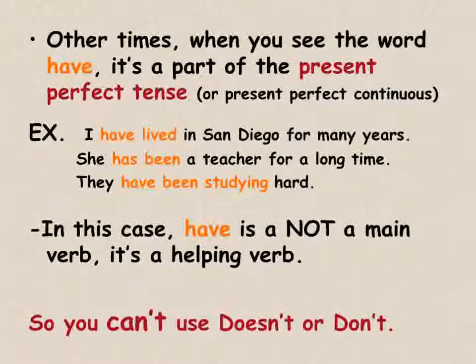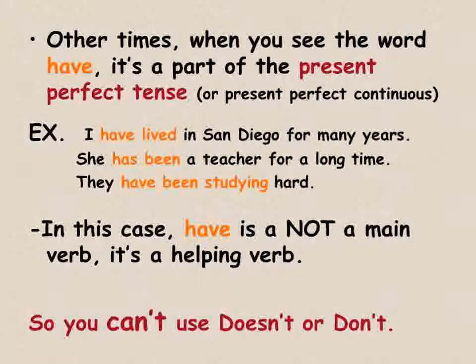Other times when you see the word have, it's actually a part of the present perfect tense or the present perfect continuous tense. So look at these examples. I have lived in San Diego for many years. Have is part of the grammar structure. Have lived.